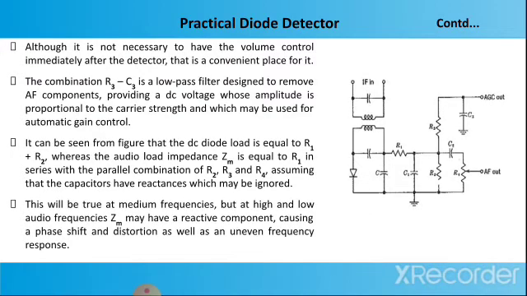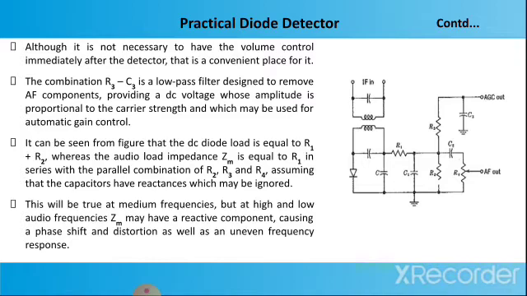Although it is not necessary to have the volume control immediately after the detector, that is a convenient place for it. The combination R3C3 is a low pass filter designed to remove AF components, providing a DC voltage whose amplitude is proportional to the carrier strength and which may be used for automatic gain control.